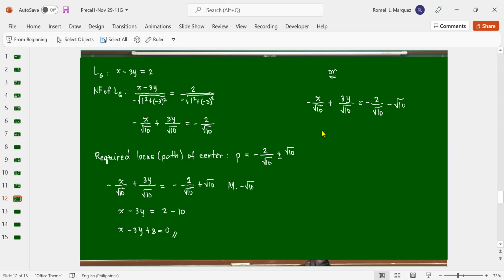Multiplying by negative square root of 10, we have x minus 3y equals positive 2 plus 10. So we have x minus 3y minus 12 equals 0. Another possible path of the center of the circle. Clear, guys? So these are the answers. Any questions with that?